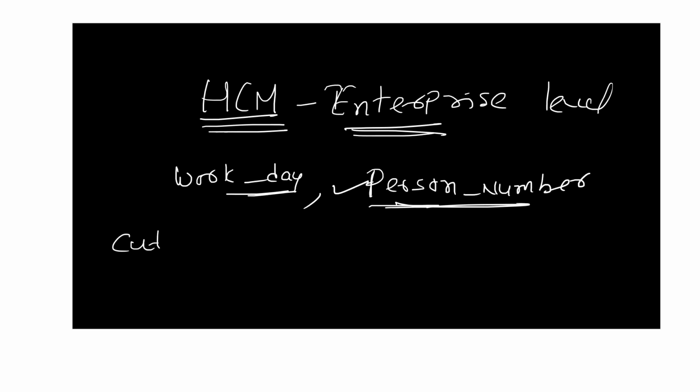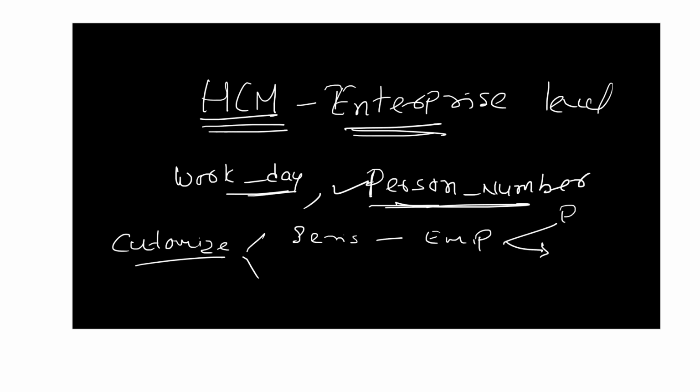What do I mean by customize? In Oracle ERP or other applications, we can create a separate series or separate sequences for our employees. For example, if they belong to a certain division, or to different employee types, say temporary employees or contingent workers, we want a separate series for them, and for our own employees we want a separate series.